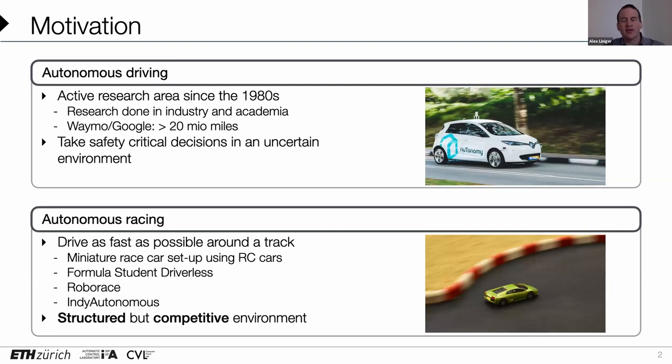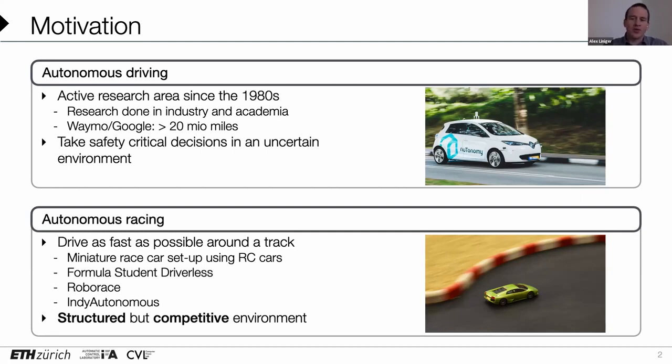Autonomous driving is a huge research area. It's been active since the 1980s, and the research is done both in industry and academia. The most successful companies are driving way more, for example, over 20 million miles autonomously on public roads by now.